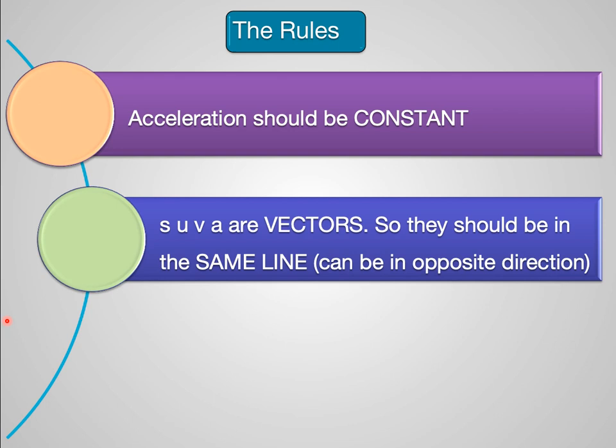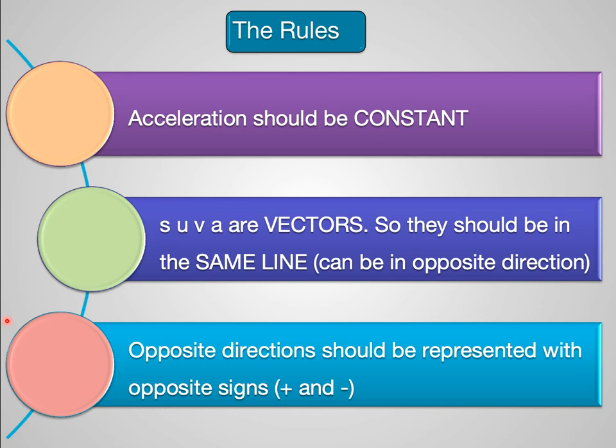So all these quantities, the displacement, initial velocity, acceleration, everything should be in the same line if you want to directly use those equations. For example, if you take upward as positive, the downward quantities you have to take negative. There's no rule that upward should be positive. You can take any way you want, but opposite directions should be taken with opposite signs.